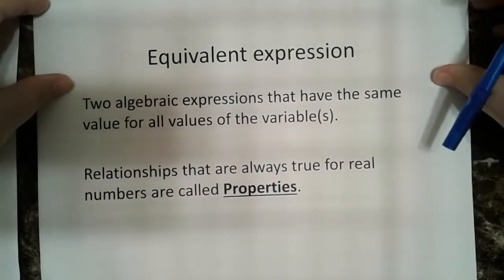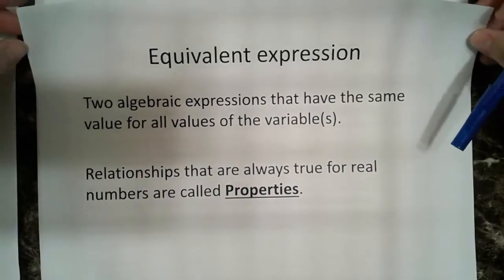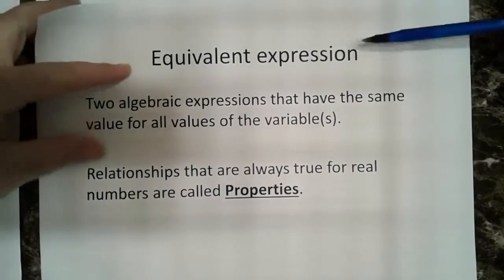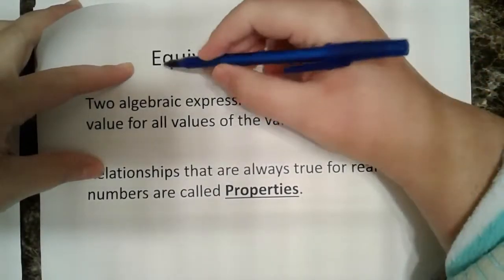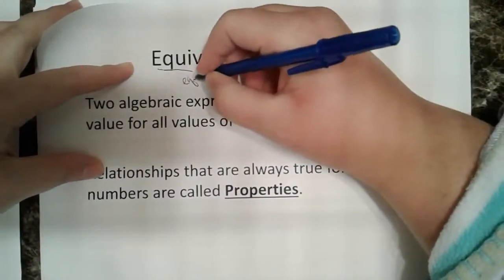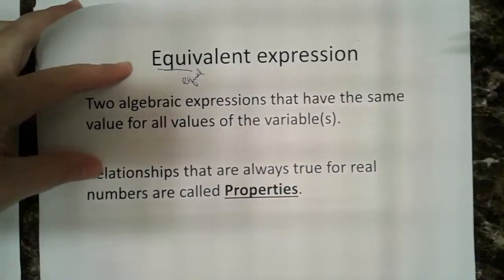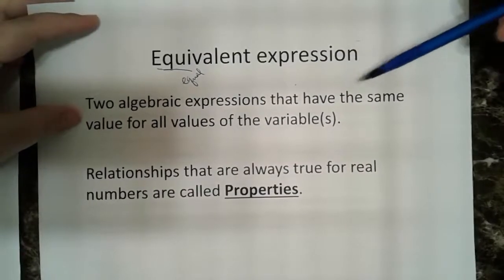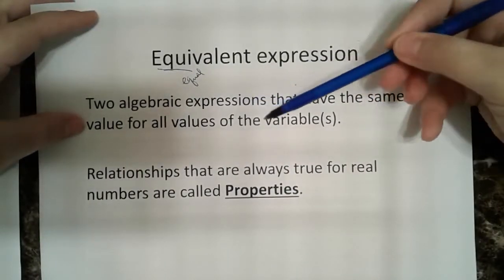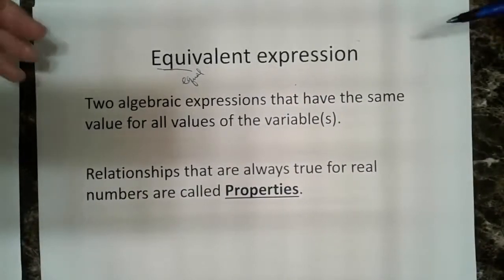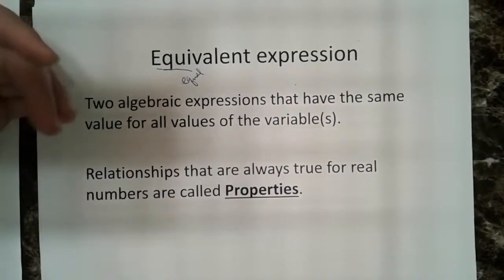Alright, so a couple of vocabulary terms that you guys need to be aware of is an equivalent expression. An equivalent really has the word equal in it, right? It's equal. Equal expression is pretty much what it's saying. It's saying two algebraic expressions that have the same value for all values of the variables. So pretty much what it's saying is the right equals the left.